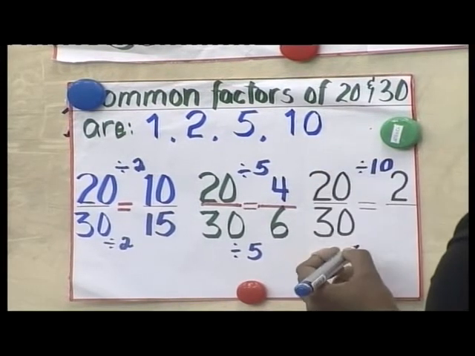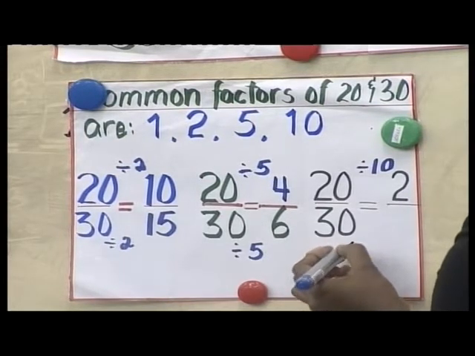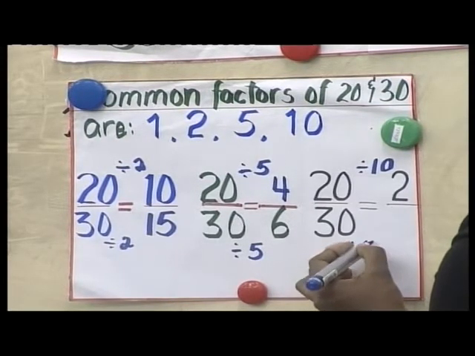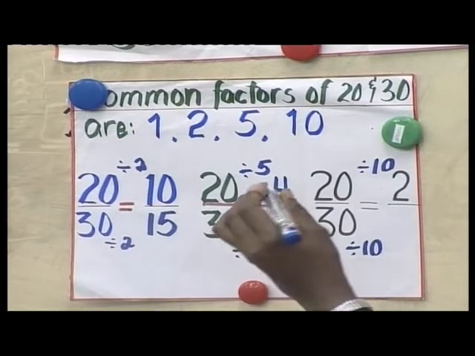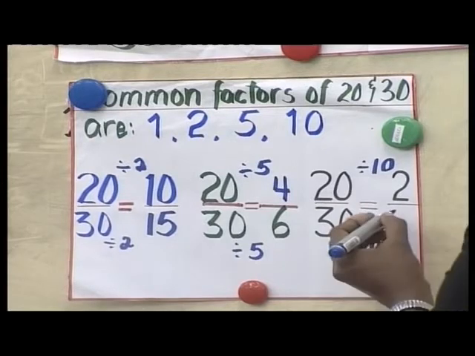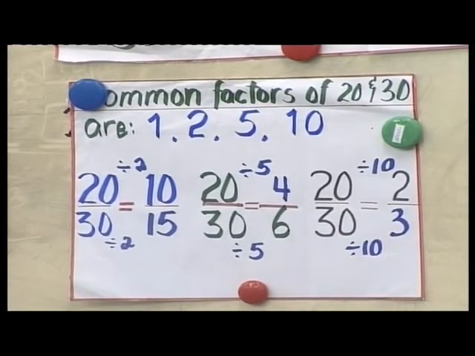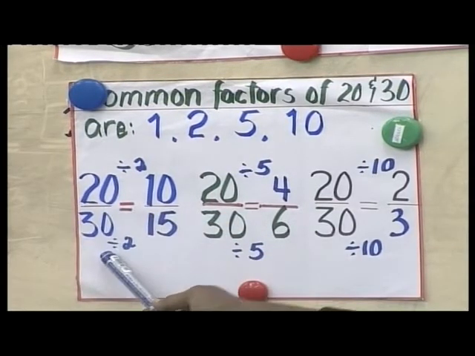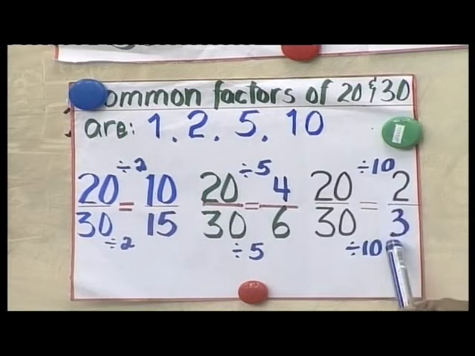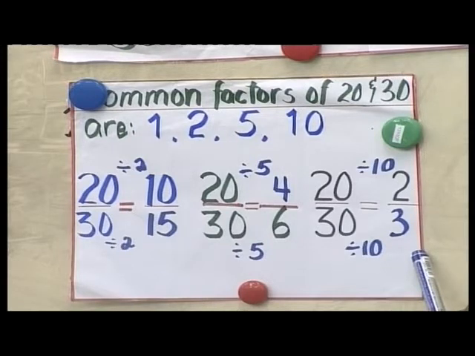So the same applies for the bottom number, 30 divided by 10 is equal to how many? 3. So these are your equivalent fractions to 20 over 30. This is the simplest form of equivalent fraction to 20 over 30, which is 2/3.